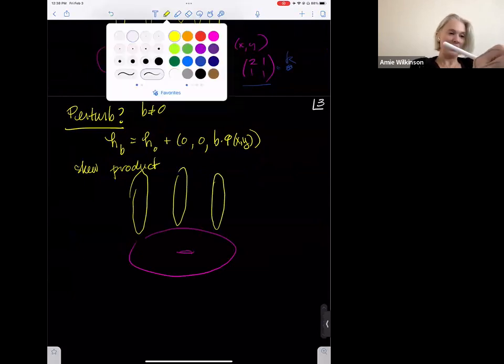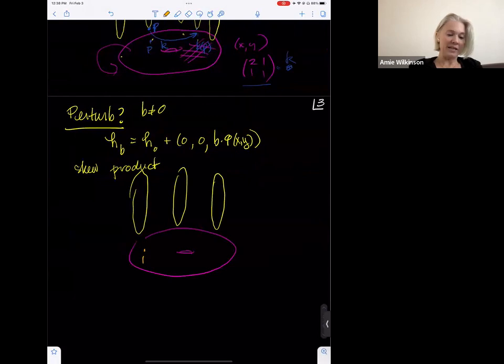So if I take a point P down here and I go over to K of P, the circle over P in the 3-torus will go to the circle over K of P. But now there's going to be a little twist added. So if Z is my third coordinate, it now gets shifted by a function of the first two.